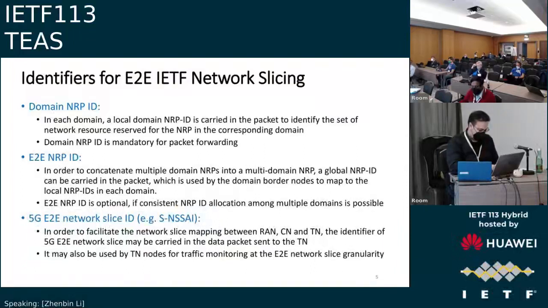This is the second one. And then the 5G end-to-end network slice ID is not changed. We also think that the S-NSSAI can be encapsulated in the forwarding plane and can be mapped to the E2E NRP ID or the local domain NRP ID.